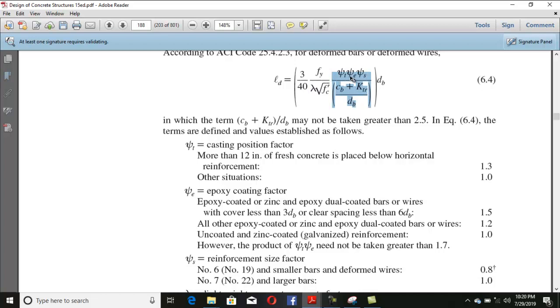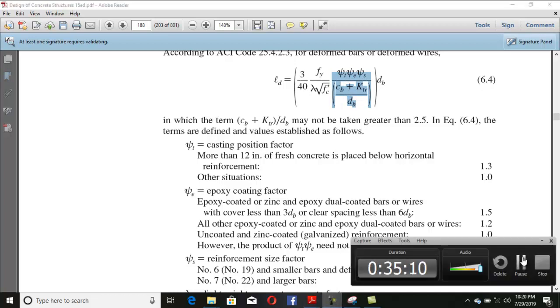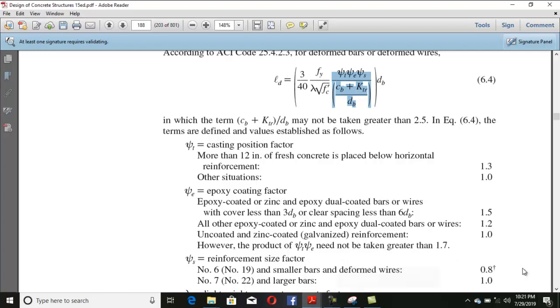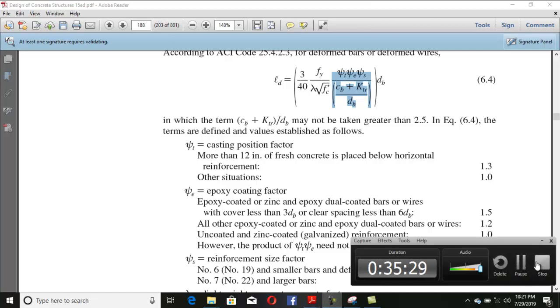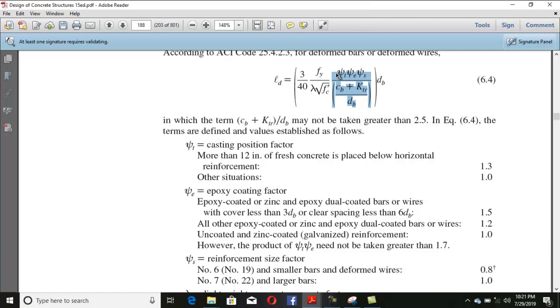The topic of development length is the most tricky and confusing one, and these factors are what make this calculation so.